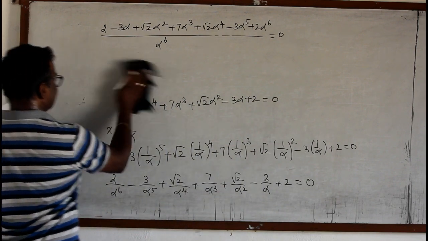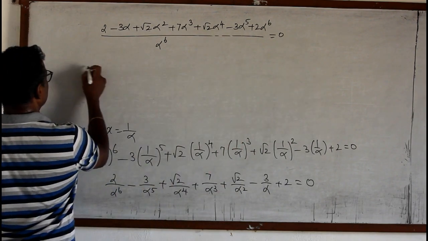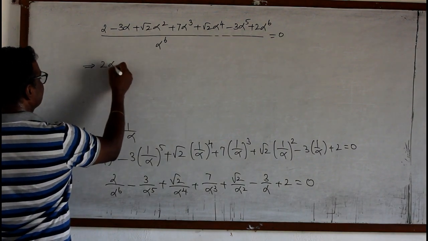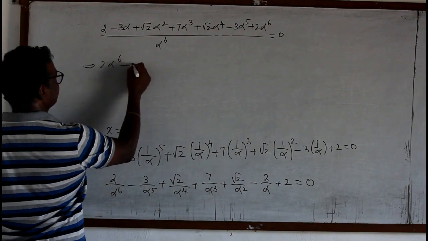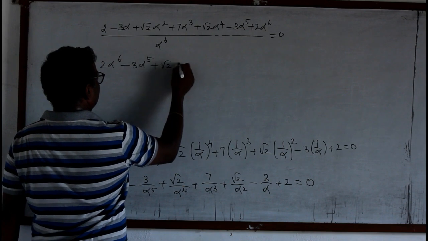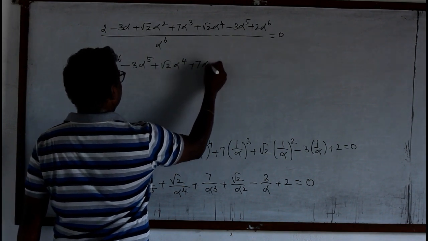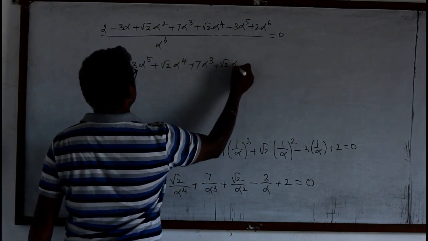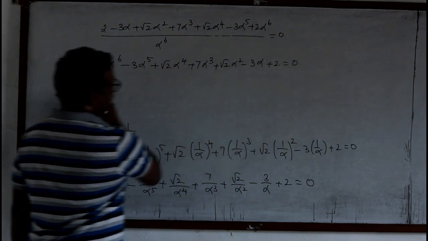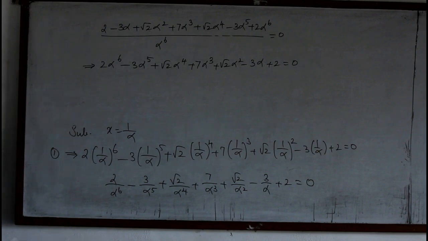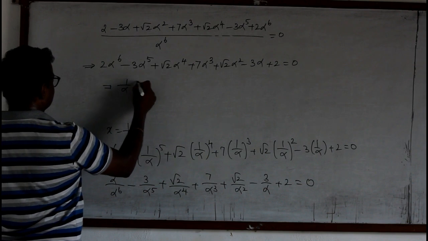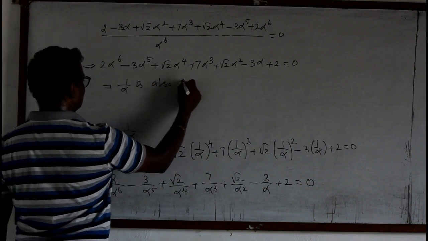Definitely alpha is not equal to 0. Therefore, if I write the numerator by changing the order, it is 2 alpha power 6 minus 3 alpha power 5 plus root 2 alpha power 4 plus 7 alpha cube plus root 2 alpha square minus 3 alpha plus 2 equal to 0. Am I getting the same equation? When alpha is a root, this implies 1 by alpha is also a root.